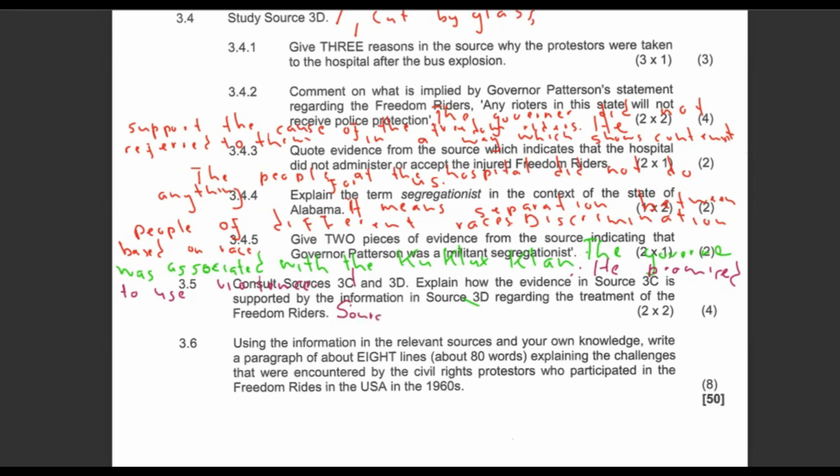Source 3C is a first-hand account by a participant, narrating the reasons why they became involved.